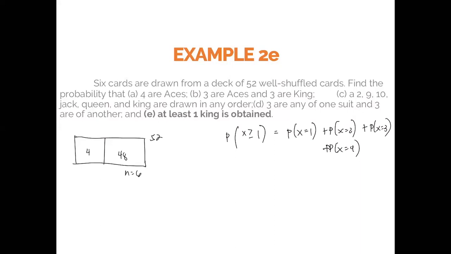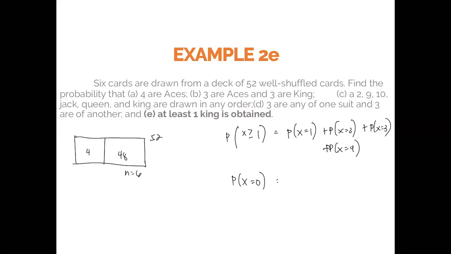Okay? Pag isa-isahin mo yan, okay naman. Pero mas maganda gawin na lang natin, kunin natin yung x is equals to 0. Okay? Then, di ba alam naman natin na yung total probability natin ay equal sa 1. Okay? So, ibig sabihin, yung probability na walang king na makukuha natin na value, minus natin yung sa 1 para makuha natin yung probability na meron siyang king.